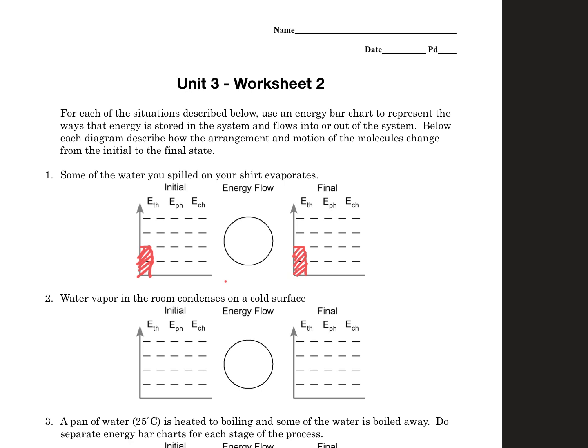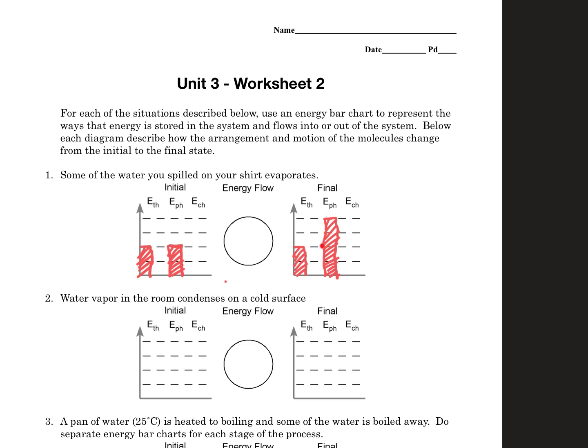Now, if we stick to our rule that was stated in the PowerPoint, we're going to start with 2 bars of energy for the phase energy, okay? That's liquid water. And we're going to increase that to 4 bars of energy, okay? All right, now you can see that there's a difference here, right?